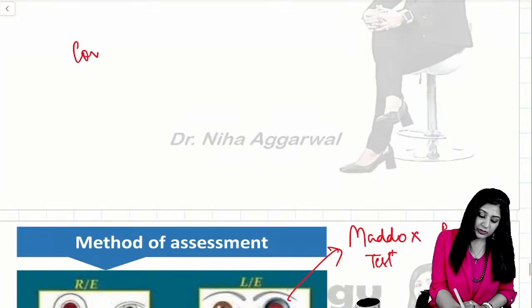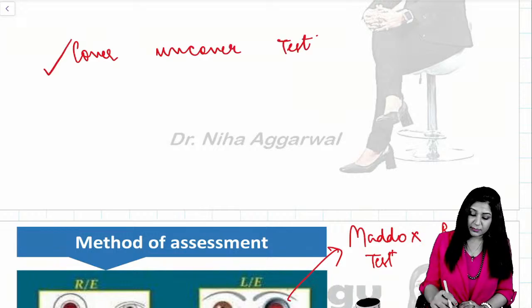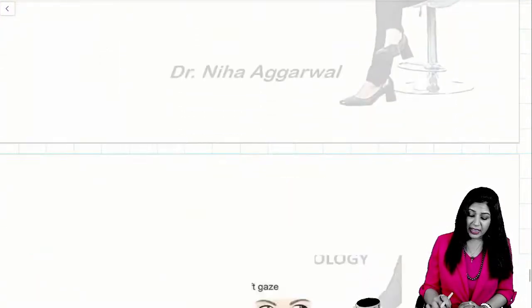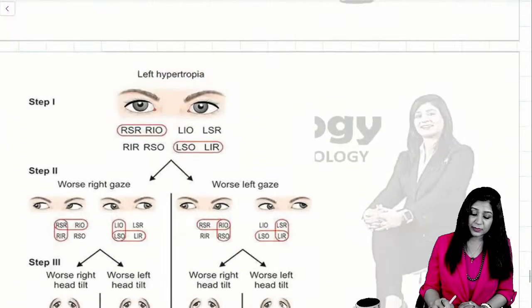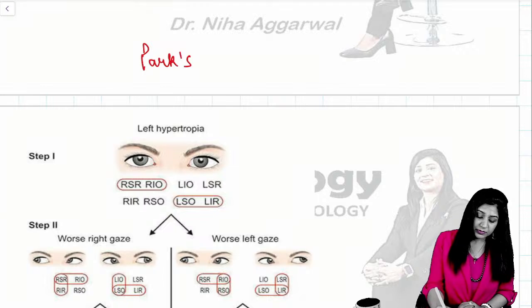One is your cover-uncover test that we can use. Then the Maddox rod test is there, the Hirschberg corneal reflex test is there, and last but not the least is the Park's three-step test.